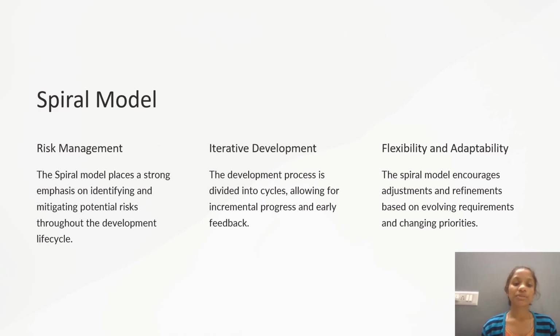The spiral model places strong emphasis on identifying and mitigating potential risks throughout the development life cycle. In iterative development, the process is divided into cycles, allowing for incremental progress and early feedback. And then flexibility and adaptability: the spiral model encourages adjustments and refinements based on evolving requirements and changing priorities.